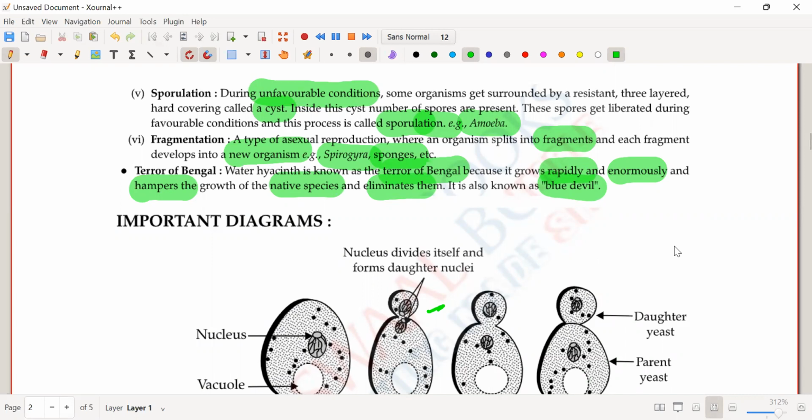Next, go through these things: sporulation, fermentation, and terror of Bengal.